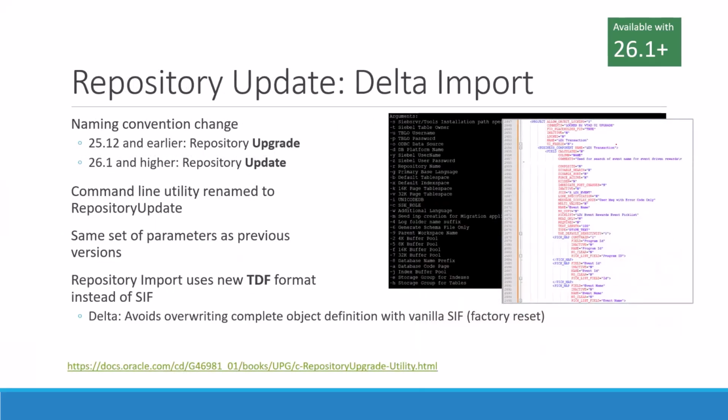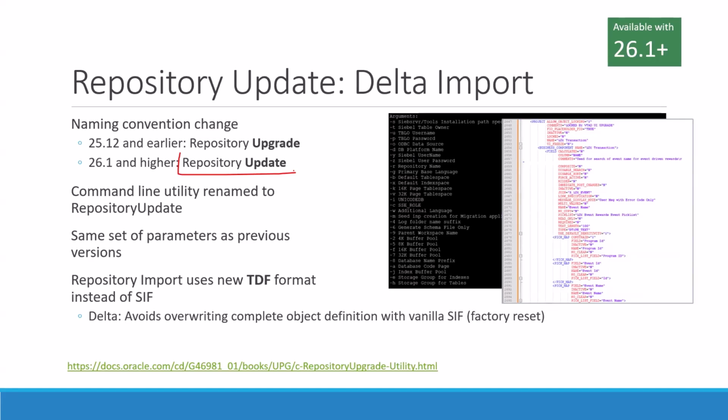And that I think, Brian, is your baby, the repository update, that replaces the repository upgrade. So it's a new naming convention, of course, but it's not just a name. Upgrade was always a little bit confusing to people because they confused it with the big upgrade you had to do from IP14 to Siebel 25.